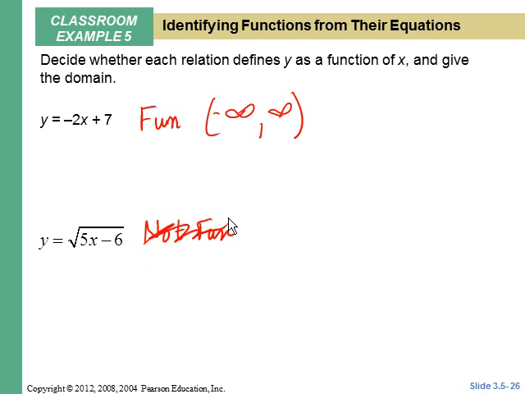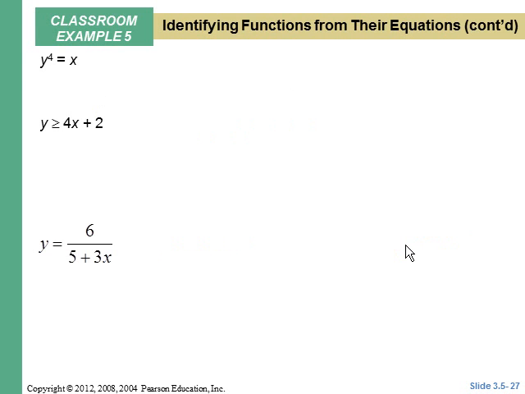What does the book say? Example 5. Because the square root is a weird thing. Yes, they're saying it is a function because we're only going to talk about the principal square root. Regardless, you can't have any number less than 0, so it's from 0 to infinity and beyond.